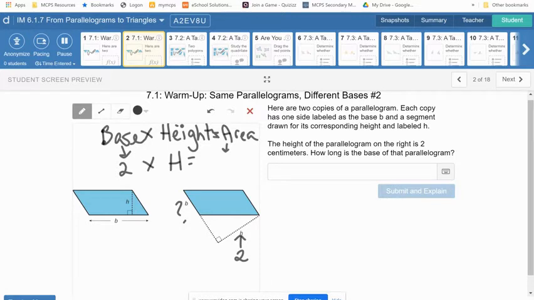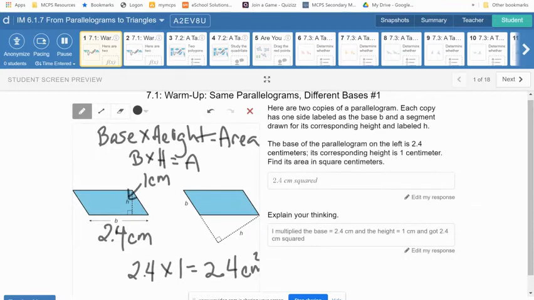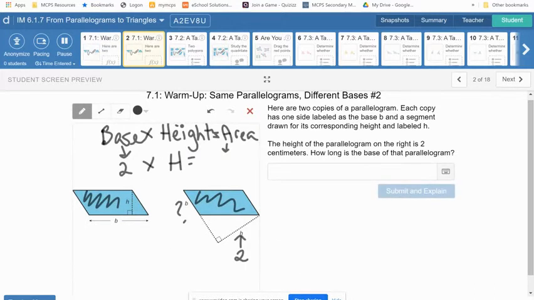If we look at this parallelogram and this parallelogram, they are the same. And if I go back, do you remember what the area was? The area for the one on the left was 2.4 centimeters. So we do have that answer. Okay. So 2.4 and 2.4, they are equal.